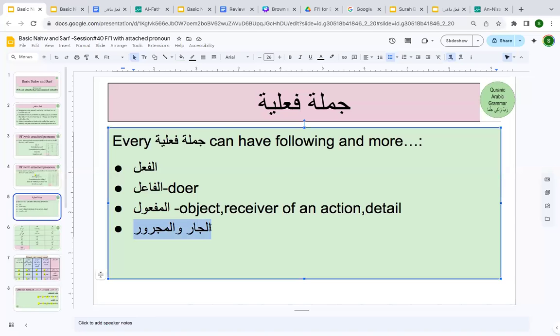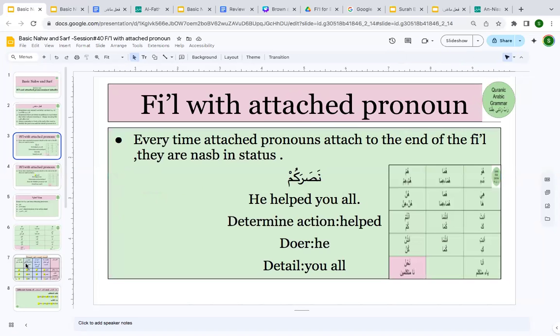It can have more. Because when you say a sentence, is it just a doer and an action, or do you also have a lot of details in any sentence? You can have lots of details, right? So in the last session, alhamdulillah bi'iznillahi ta'ala, you were able to go over certain pronouns that can come with your fail in addition to the inbuilt pronoun, right?